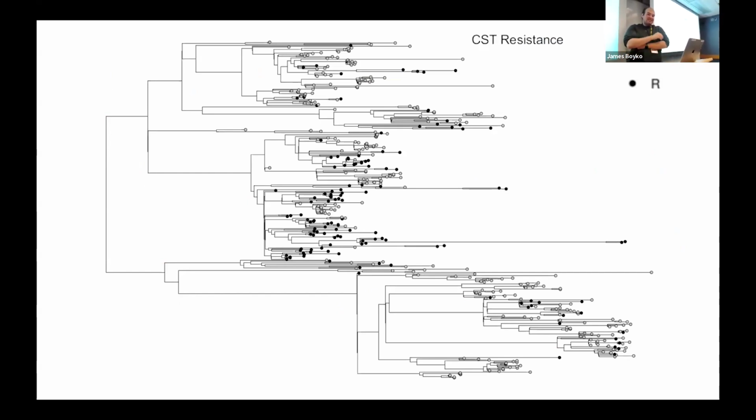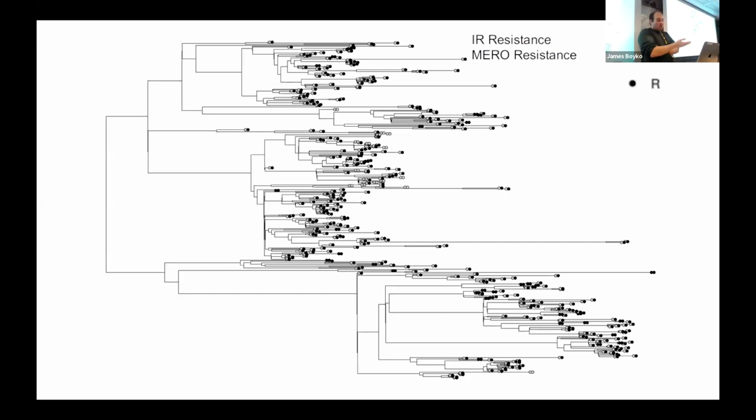Maybe we're interested in CST, which is colistin resistance. Again, susceptible in gray, resistant in black. Or maybe it's IPM and MEM, which are imipenem, a beta-lactamase inhibitor, and meropenem, a carbapenem, so a beta-lactam antibiotic.